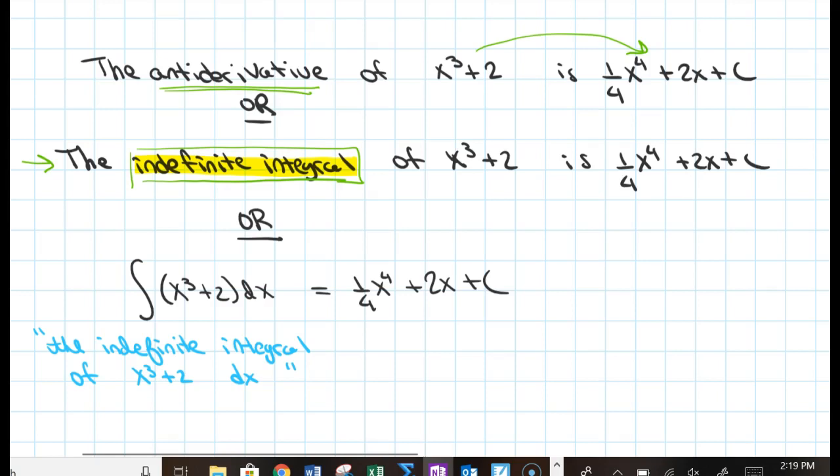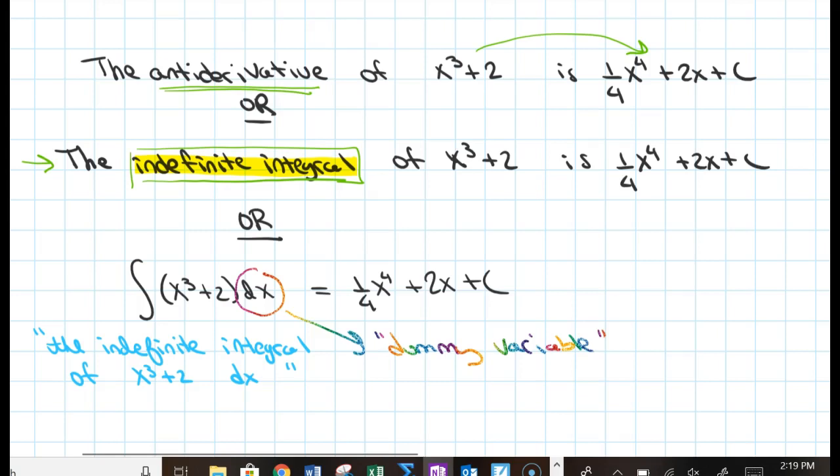A couple of notes I want to make right here. This dx, for right now, everyone, I'm just going to call the dummy variable. What this means, why it's there, why it's x, all of those questions we will answer later on in this year. For right now, I just want you to notice it. It's always there.